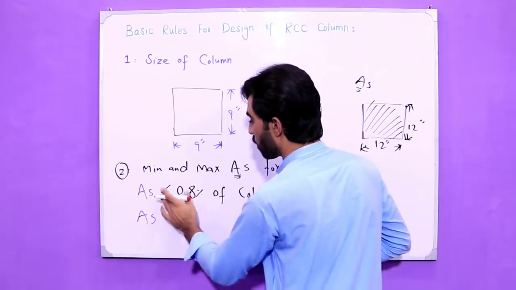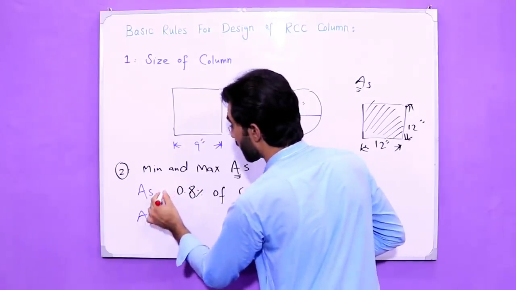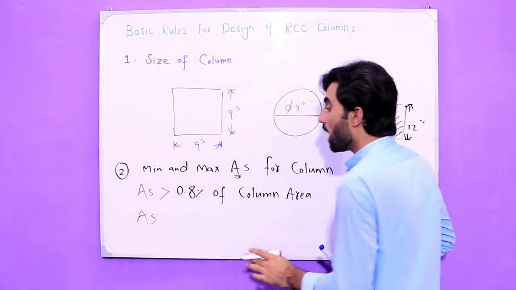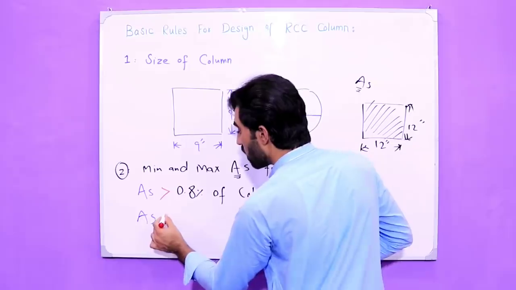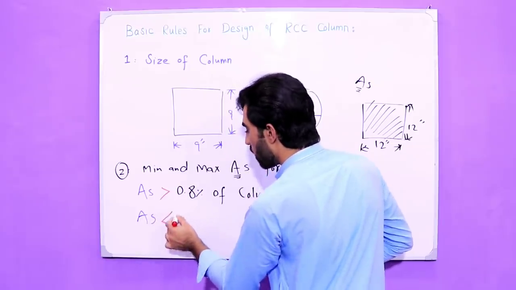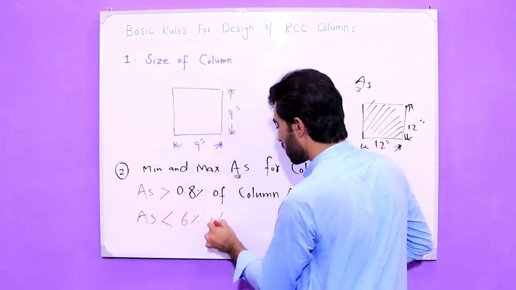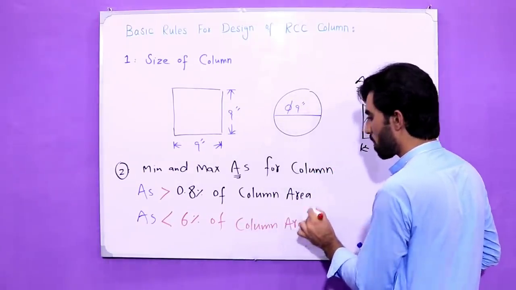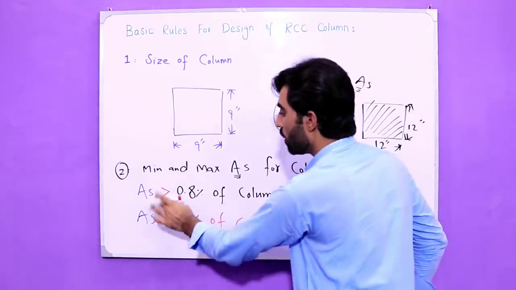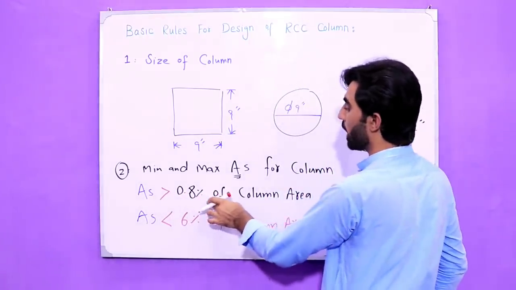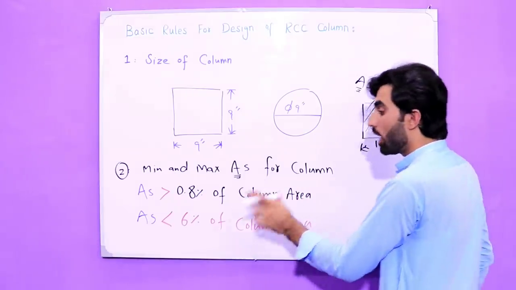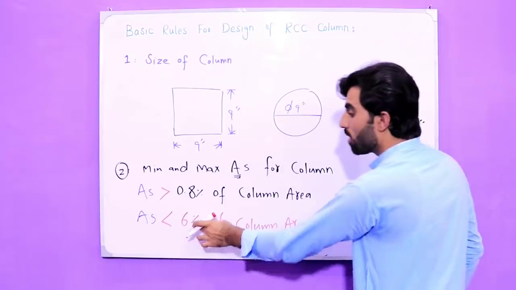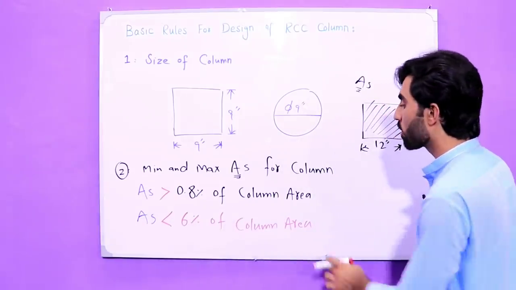And area of steel should be less than 6% of column area. Sorry for this mistake. Area of steel should be greater than 0.8% of column area, and maximum area of steel should be less than 6% of column area.